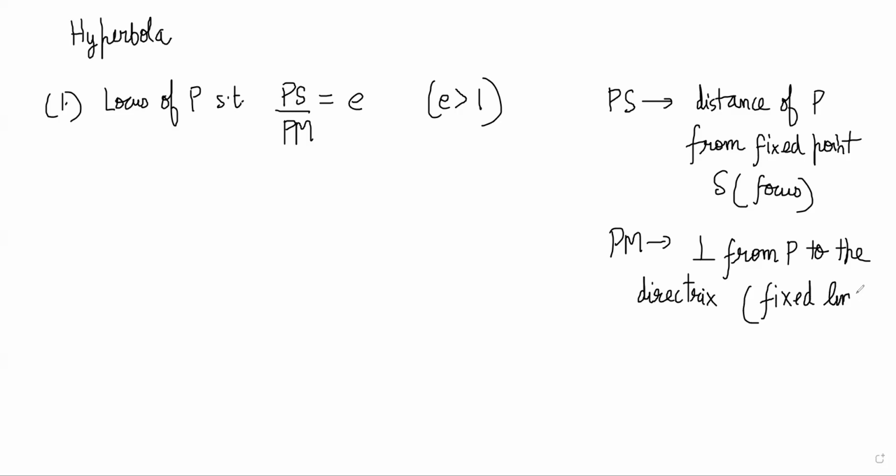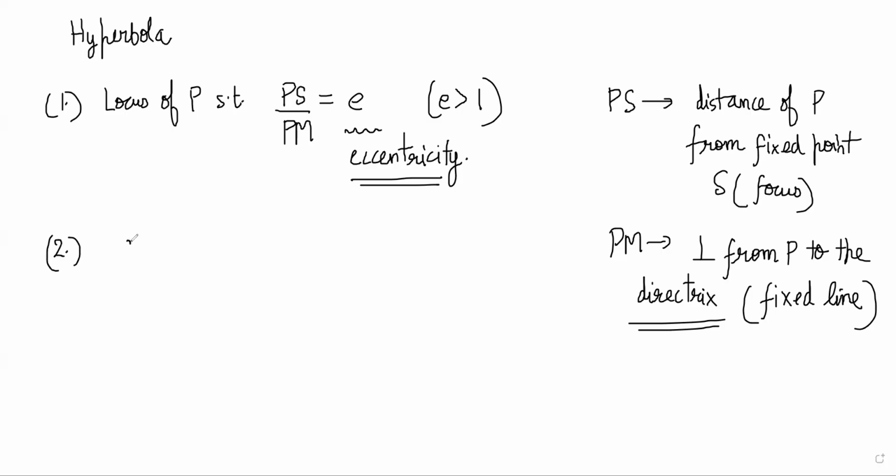That becomes your PM. So if the ratio of these distances is equal to E, the eccentricity, and this constant ratio is greater than 1, in that case this curve, the locus of P, is called a hyperbola, right?